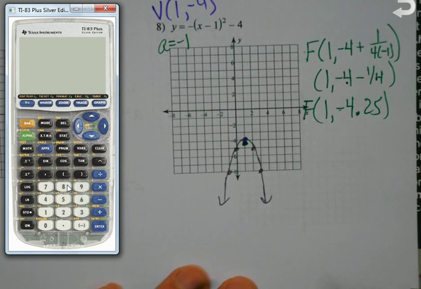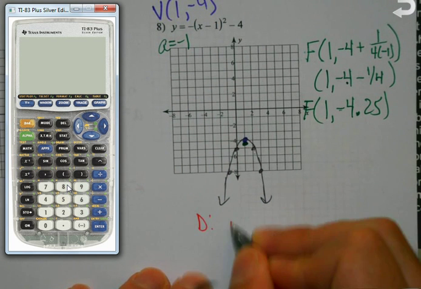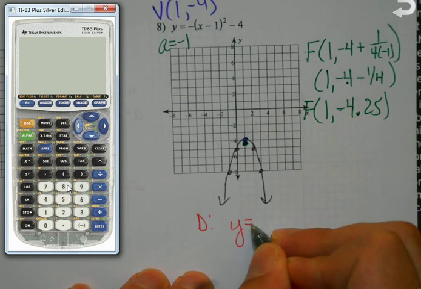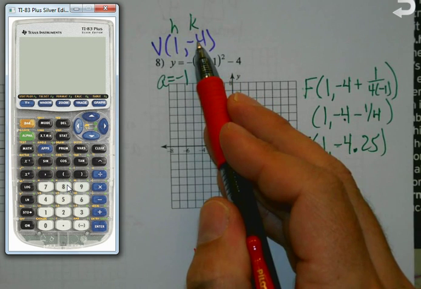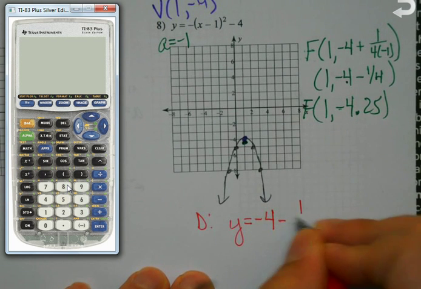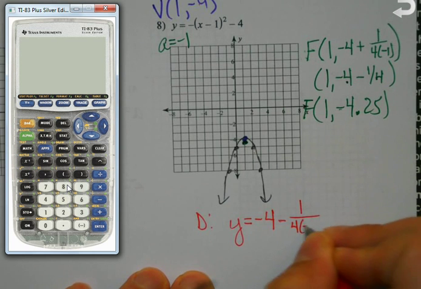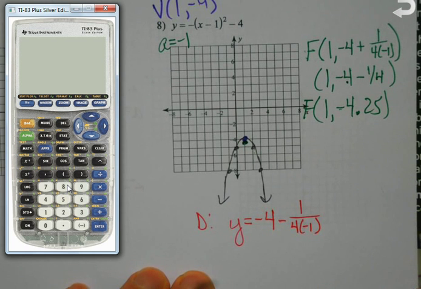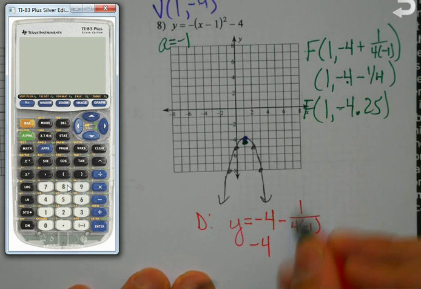And then my directrix, y equals, pull this down for just a minute. So there's my k minus 1 over 4a. Now I do have to be a little cautious here because this is -1/4, -4 times 1.